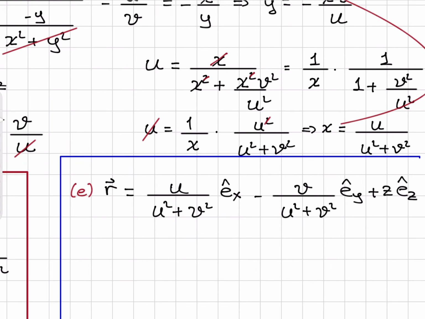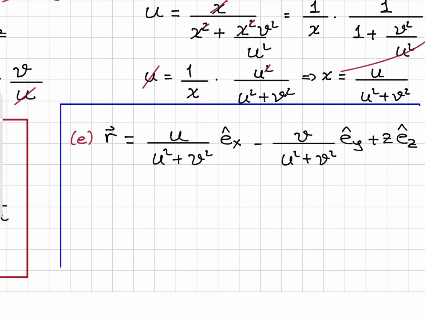Now what I'm going to need is the scale factors h sub u and h sub v. For that I will need the partial derivative of the position vector r with respect to u.